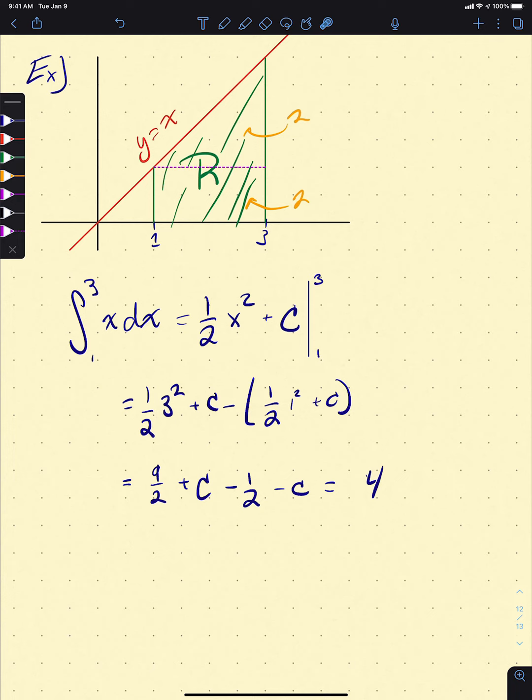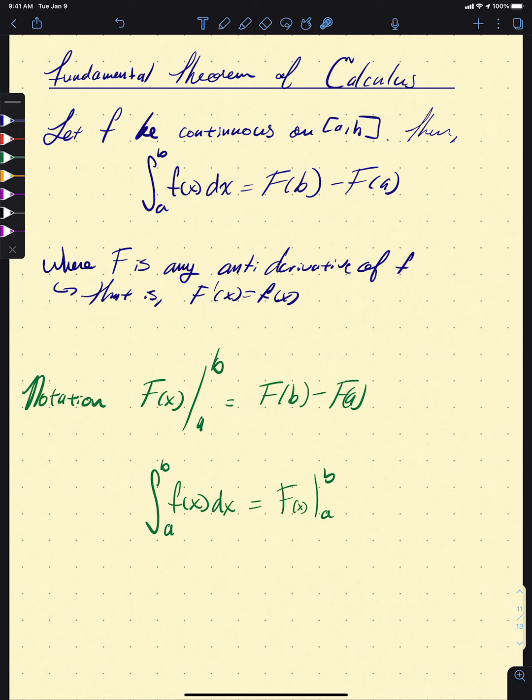But one thing to notice here is that when we choose our antiderivative 1/2 x squared plus c, we're adding c in the first instance, and then we're subtracting c in the second instance, right? Capital F of b includes the value c.